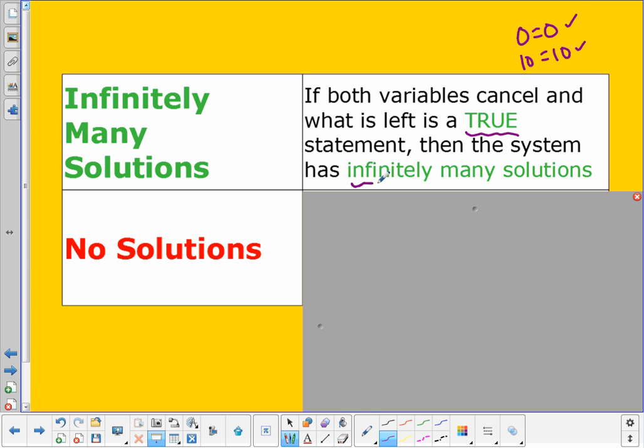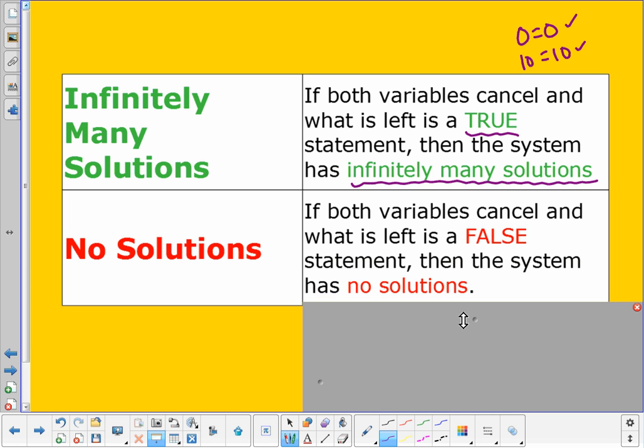Then you actually have infinitely many solutions to that system. What that means is those lines are actually essentially the same line. Every solution that's on one line is also on the other. So there's infinitely many solutions because you can plug any point into either equation and it will be true for both. And then we also have a possibility of no solution.